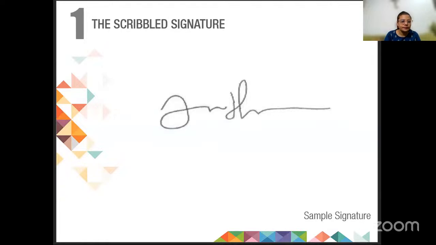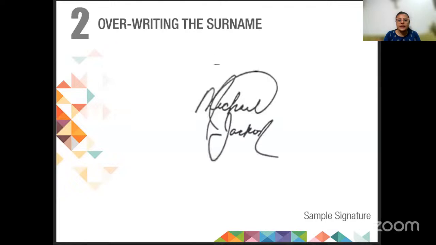Now we are going to the next sample, which is overwriting the surname. This is the next trait which we are going to understand, in which you can see a sample in front of you where the first name and the last name are written. Here, the person has put the L and overwritten it on the name. Can you see this?